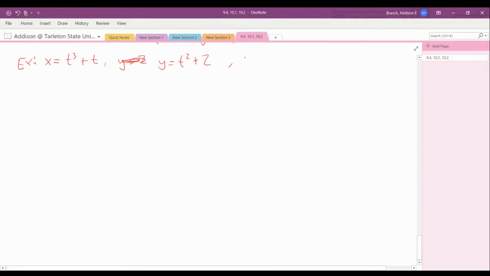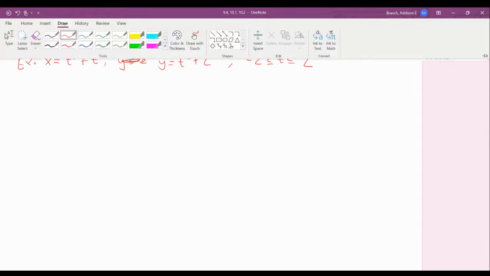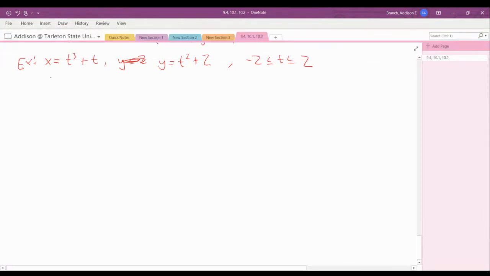And we're also going to bound our curve from -2 to 2. So our first step would be to draw out our table. We want t, x of t, and y of t. Let's just do all of our integers within our bounds: -2, -1, 0, 1, and 2.